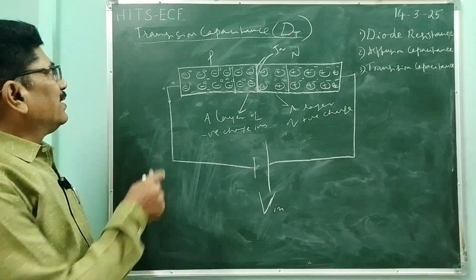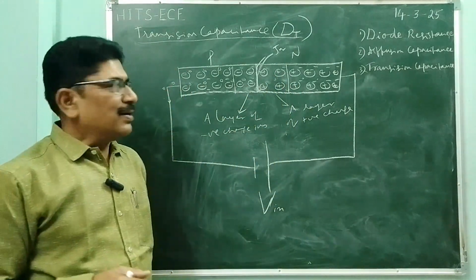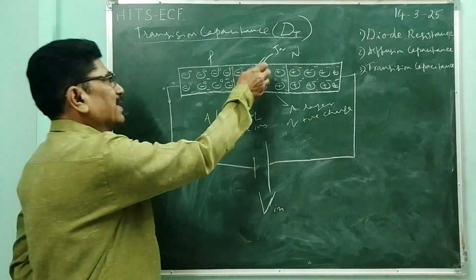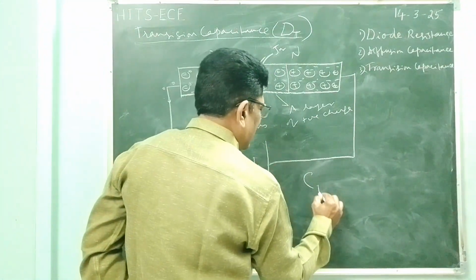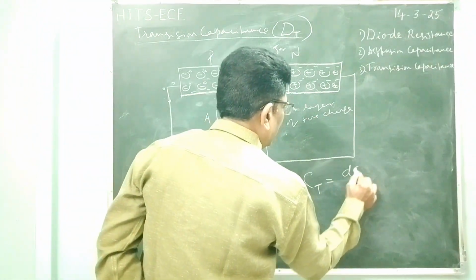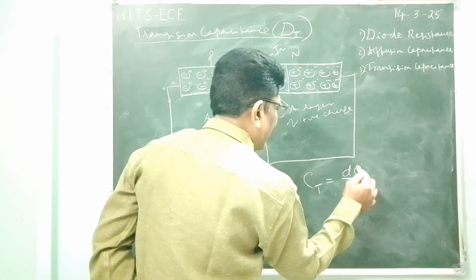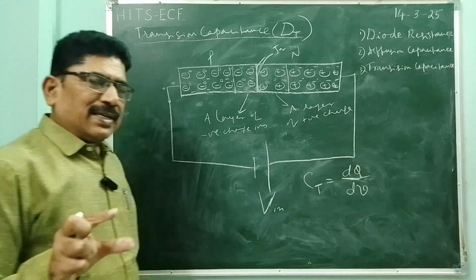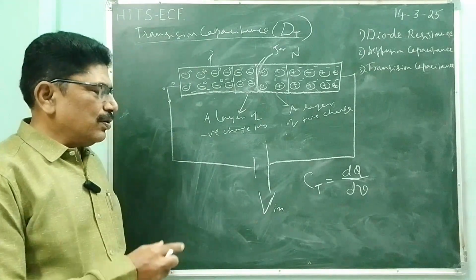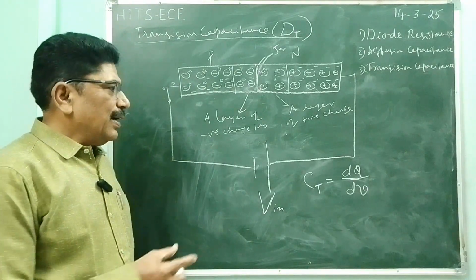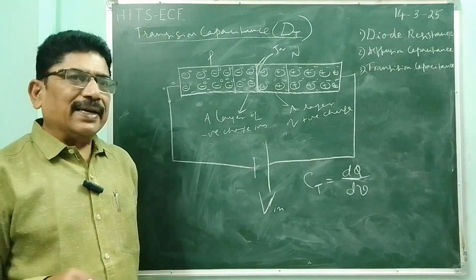Because of this, a capacitance is developed across the junction. That capacitance is called CT, which is equal to dQ by dV, where dQ is the increase in charge due to reverse voltage, and dV is the increase in voltage.